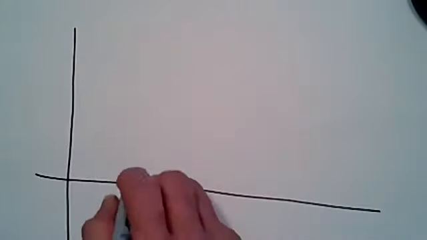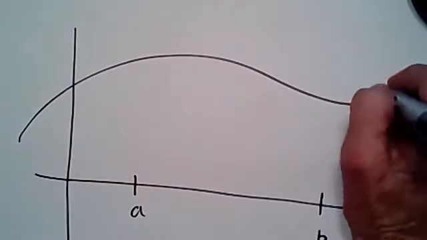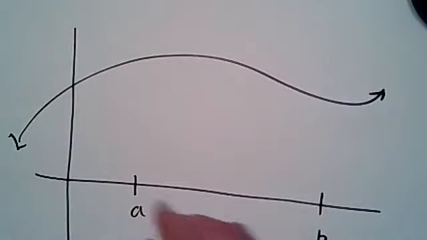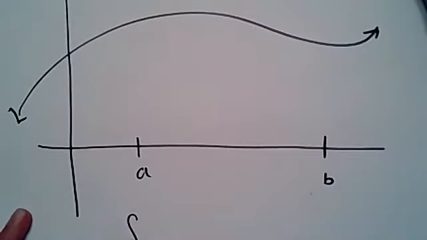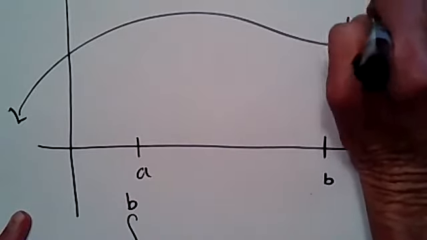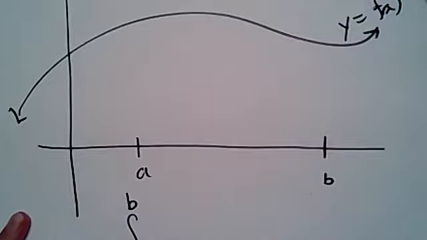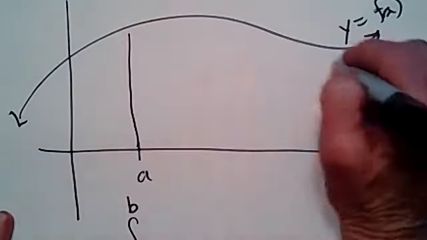In the last section, we found that if we look at the integral between x is equal to a and x is equal to b of my function y is equal to f of x, if we integrate that, what did we find?